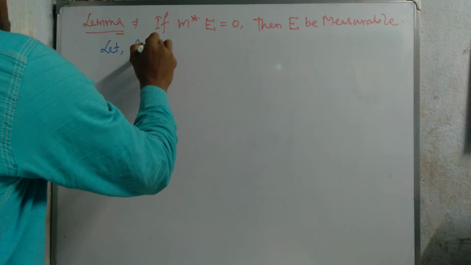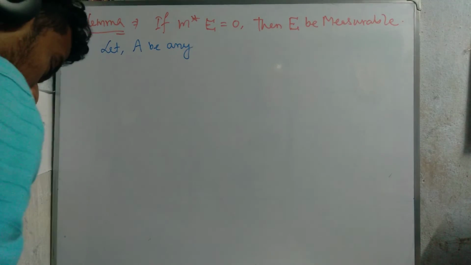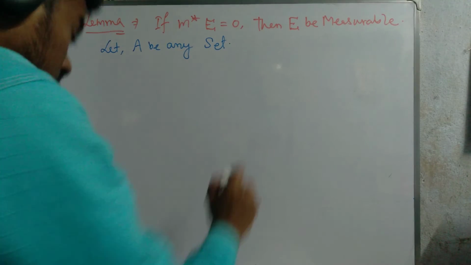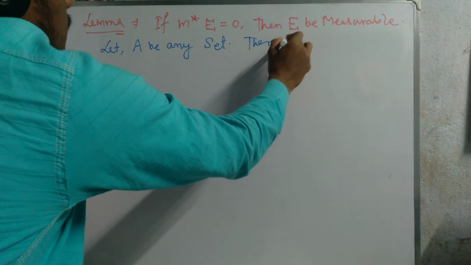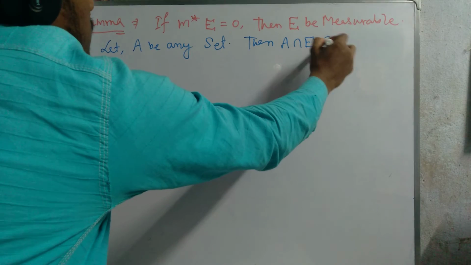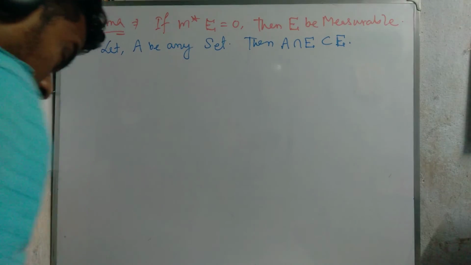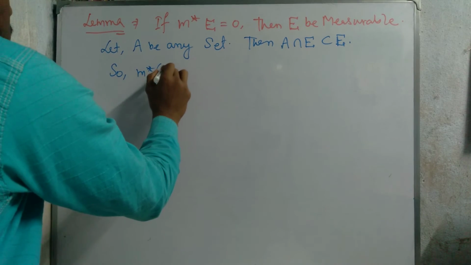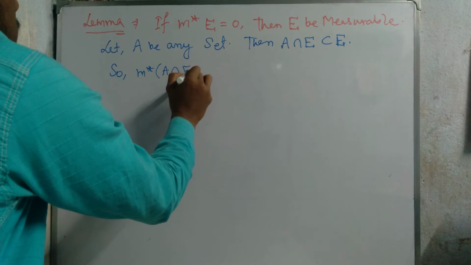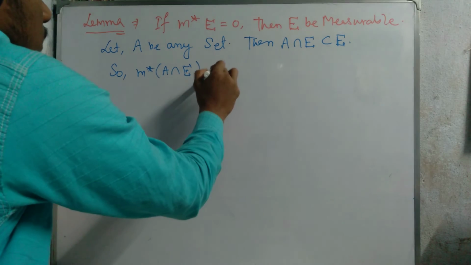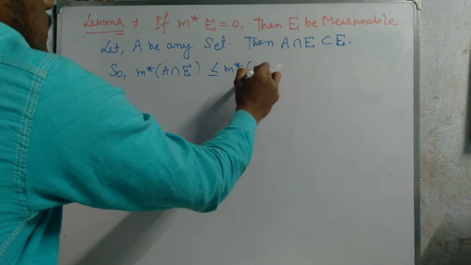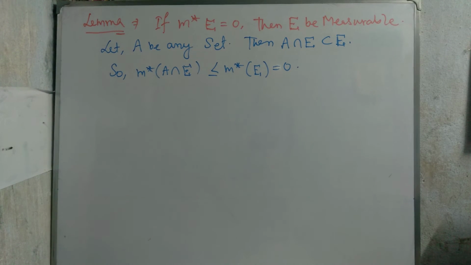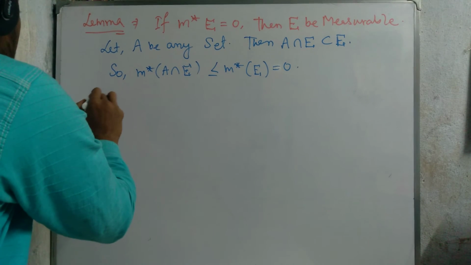Let A be any set, then A intersection E is a subset of E. So m star of A intersection E is less than or equal to m star E, equal to 0. Okay, then what happened?